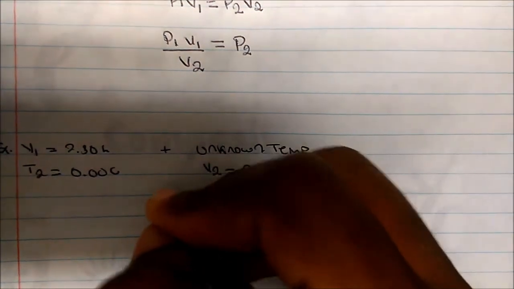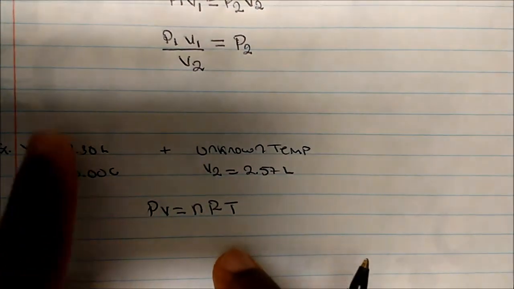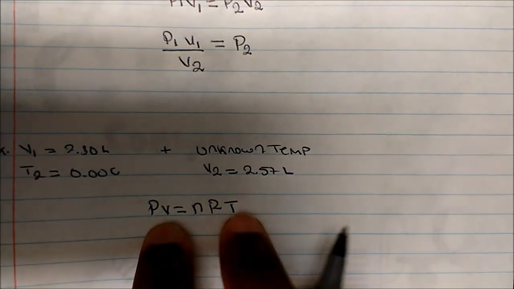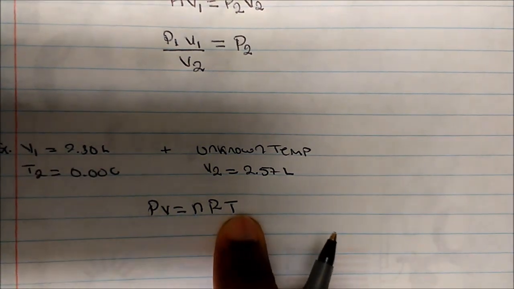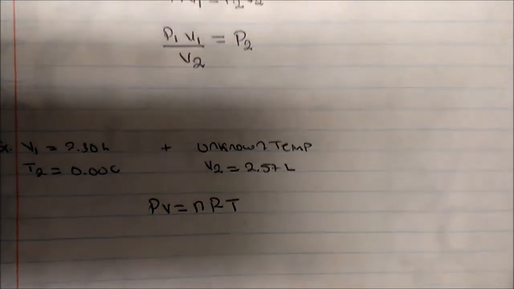Well, if I know that PV is equal to nRT, I need to get volume and temperature on the same side of the equation. Okay, and then the idea now becomes I could drop everything and say V1 T1 is equal to V2 T2, okay? So how do we go about manipulating the equation using algebra?